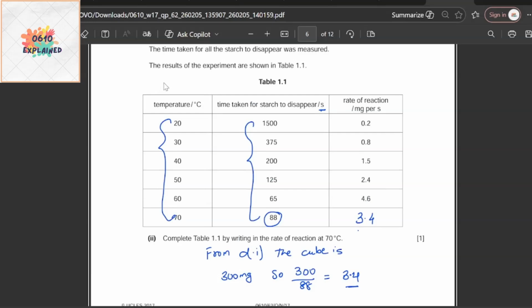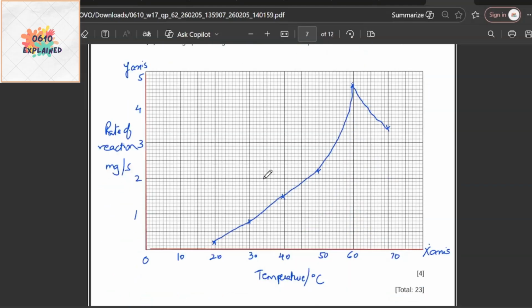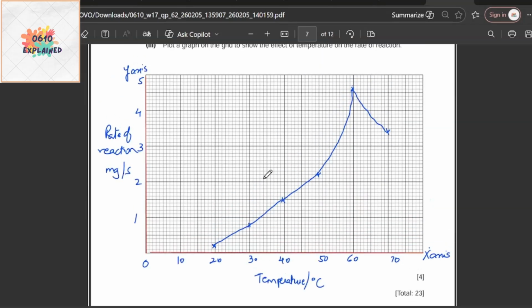Always remember the left side of the table, which is your independent variable, is always your x axis, and the right side of the table, or the measurement which you are observing, is your dependent variable, which is always your y axis. Okay, so we have to plot the graph. The rule of plotting over here is that you have to use at least 50% or above of the space provided.